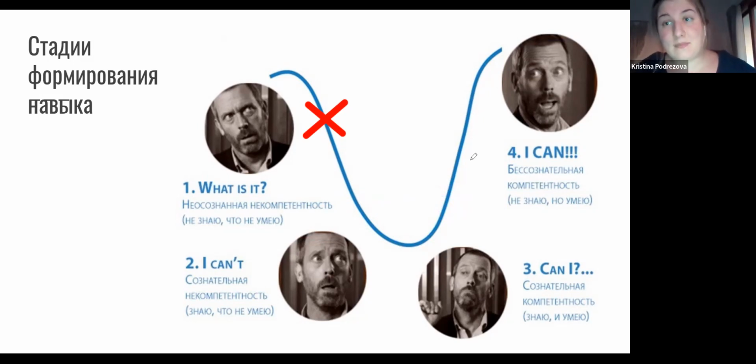And then you come to stage number 4, where you know it and you don't actually have to think about it. It just comes to you automatically. When you ride a bike, you don't think about balance, you don't think about whether to turn right or left, you just do it. This happens with language too.